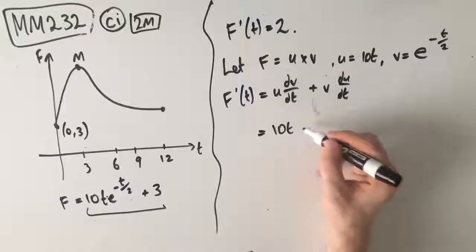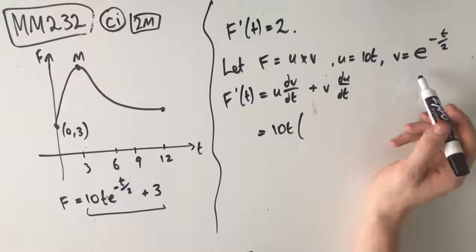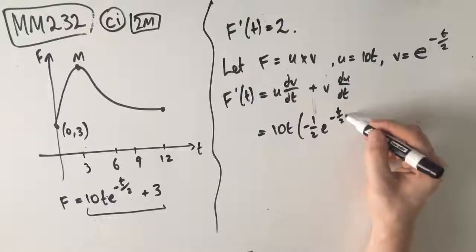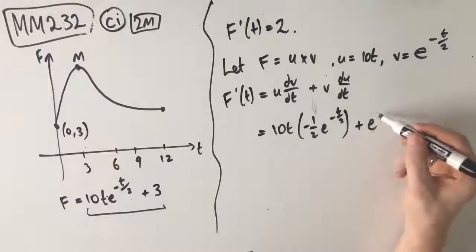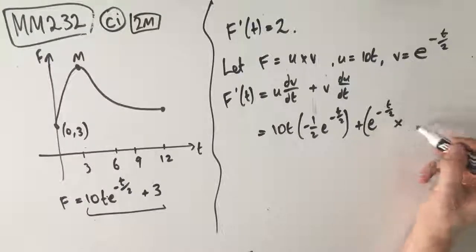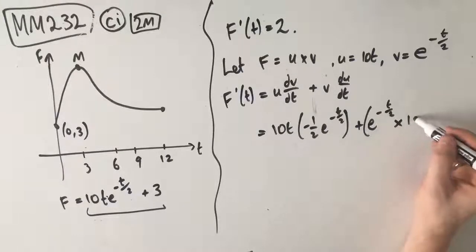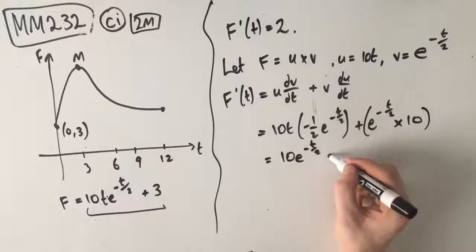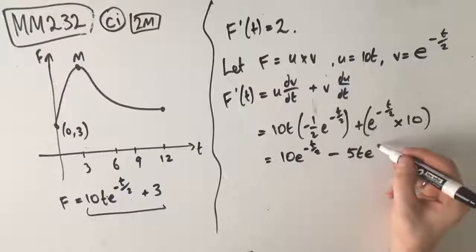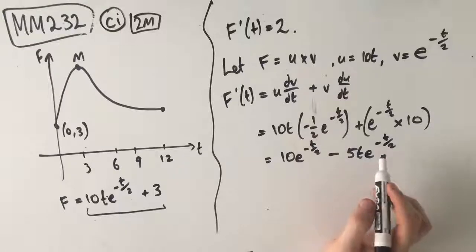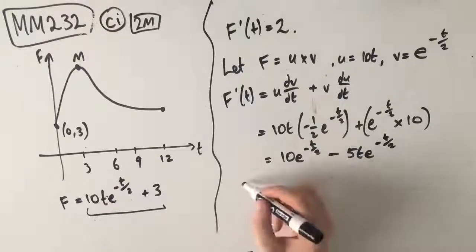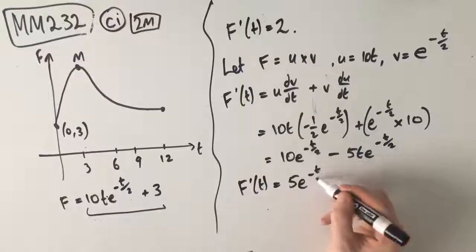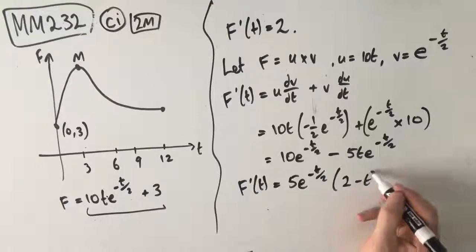So our u is 10t, and our dv dt is equal to negative 1/2 e to the negative t on 2, plus v, which is e to the negative t on 2, times du dt, which is 10. Sweet. So from here we get 10e to the negative t on 2 minus 5t e to the negative t on 2. Fantastic. Which means that f dash of t is equal to, just taking out a common factor, 5e to the negative t on 2 outside of 2 minus t.